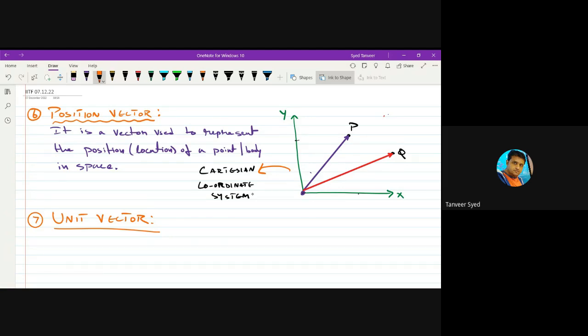You should be able to relate that new terminology with what you already know. Like this Cartesian coordinate system, it is just a new name, that's all. You already know it. The set of x and y axes in mathematical language or in scientific language, we call it as Cartesian coordinate. Cartesian, name of the scientist who proposed this system. Coordinate system, coordinates, location of points.